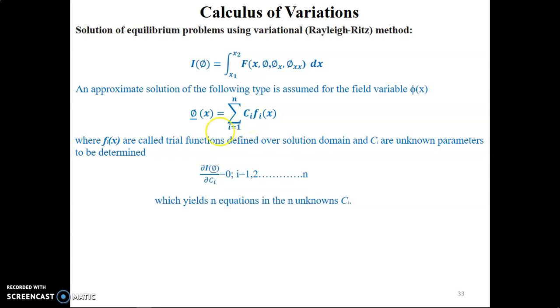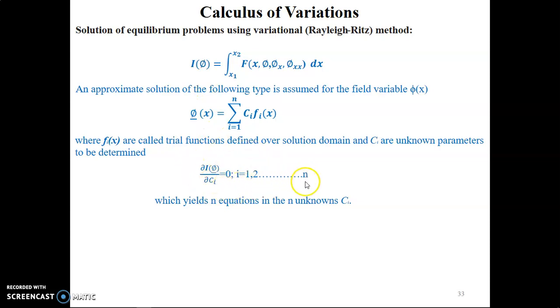The unknown parameters are obtained by differentiating these integrals with respect to ci. So if we are using any polynomial function of higher order, suppose n, we will differentiate this integral I with respect to the n coefficients c1, c2, c3.